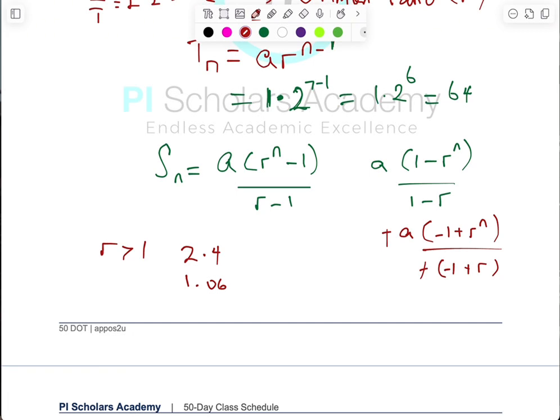You have 339 point something. If you raise 1.06 to power of 1000, it gives you a very, very large value. That implies that as the power becomes bigger, the number becomes bigger as well.